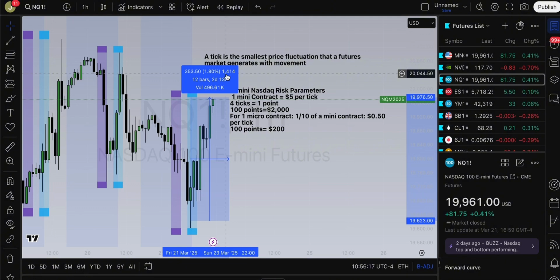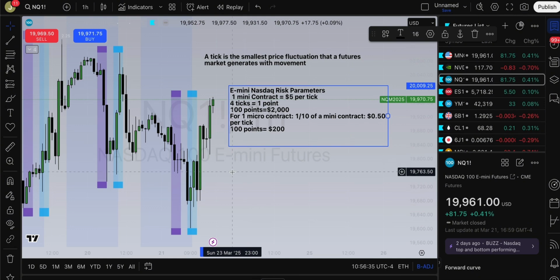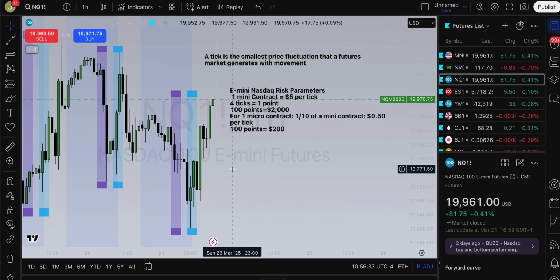If you used one mini contract, that would have equated to $7,070 on that move. The majority of beginners will think that's a lot of money and a lot of risk.